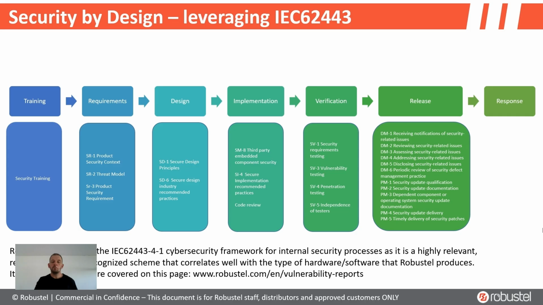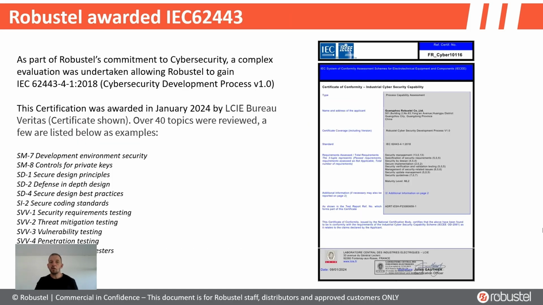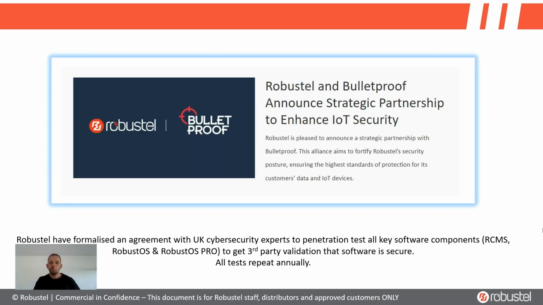So security by design, covering the process and best practice, and specific accreditation from Bureau Veritas to show that the processes have been monitored, documented, and passed as cyber secure.